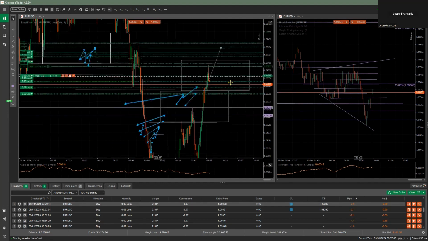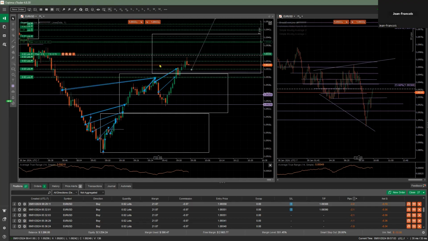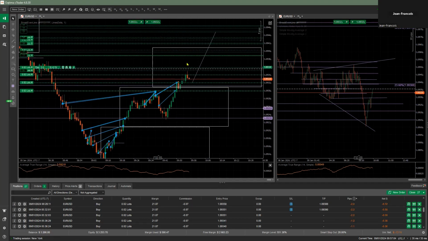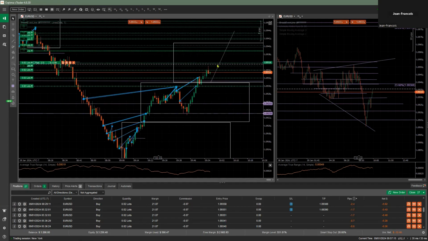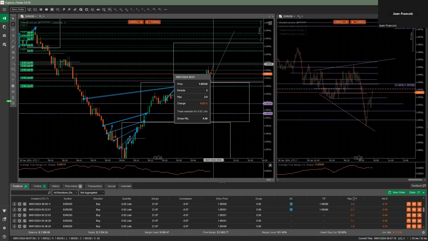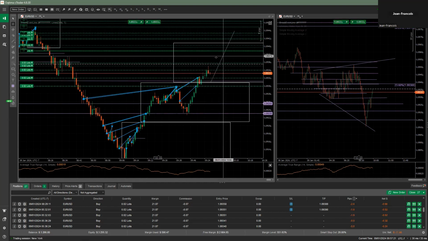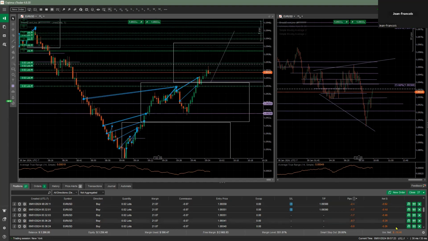Okay, so here we are in the box. I'm allowed to recycle trades in this box, right? I haven't closed any trades in this box, so I have to wait until 1 or 2 trades close so I can reopen them, right? But you can see the white line is 2.4 pips away, and we're almost there, right?